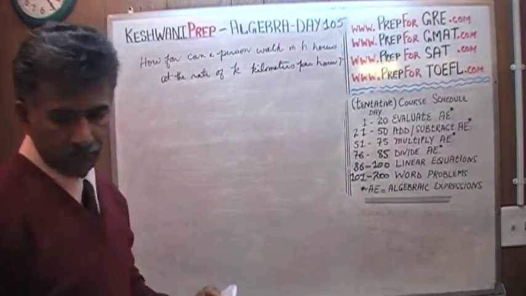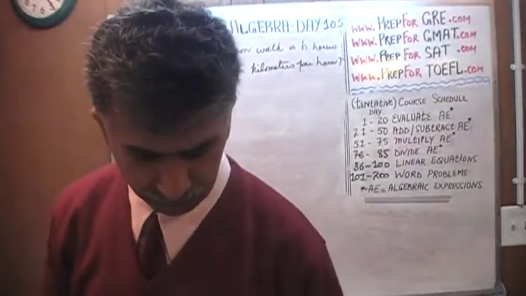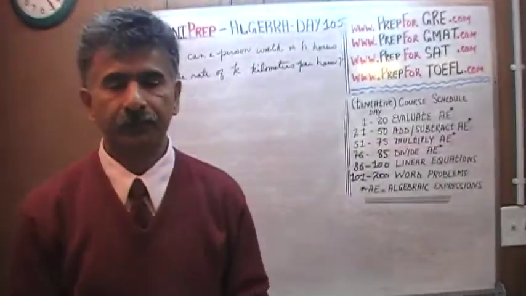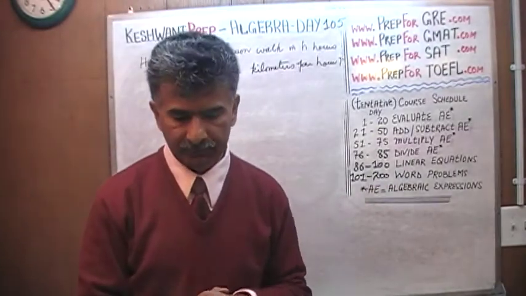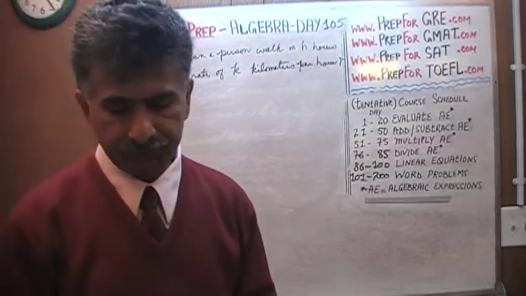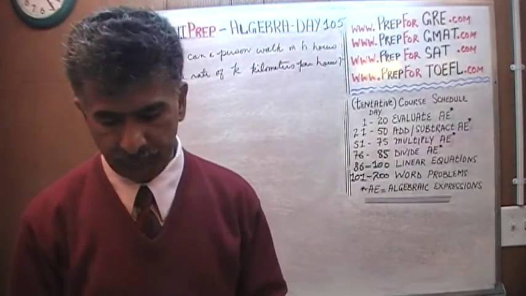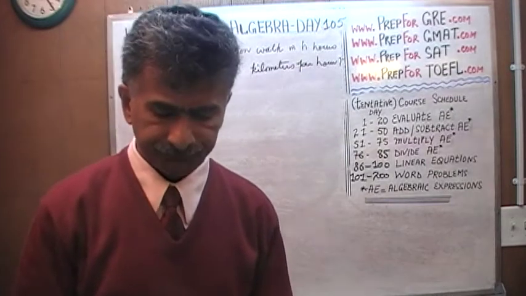If you like, for those of you who are still not used to the metric system, you can substitute miles. It is not going to change anything. How far can a person walk in H hours at the rate of k miles per hour or k kilometers per hour? Well, how do we solve it?